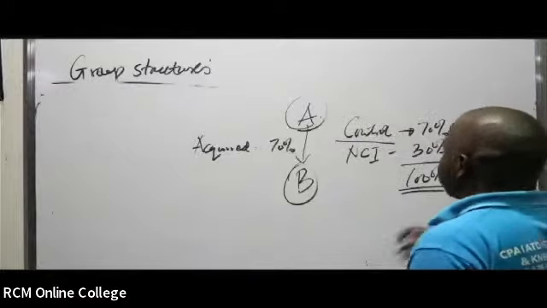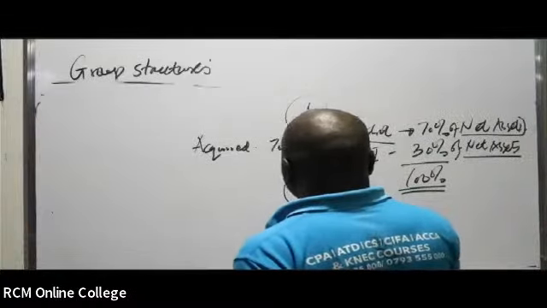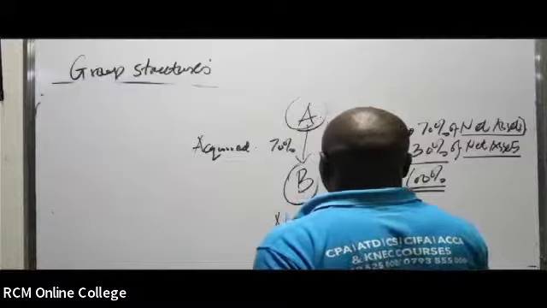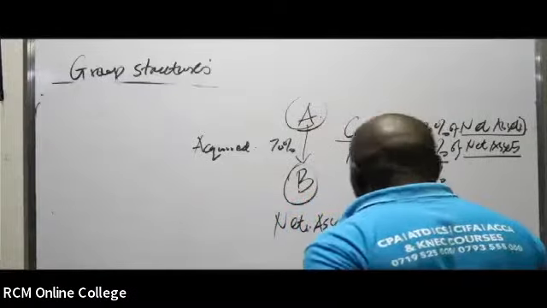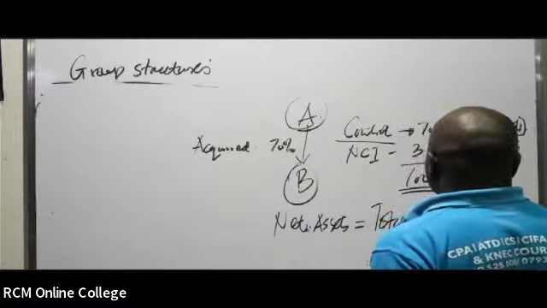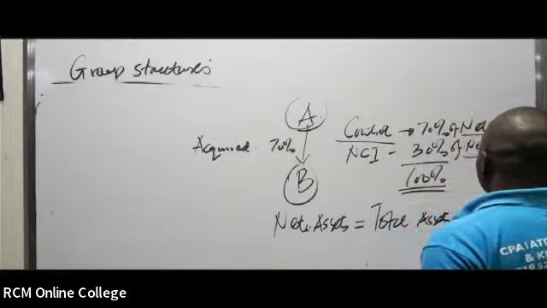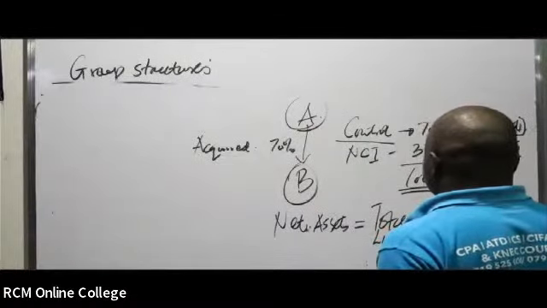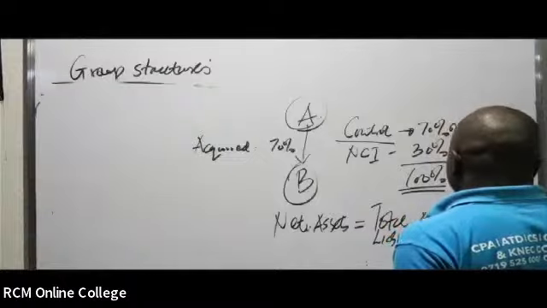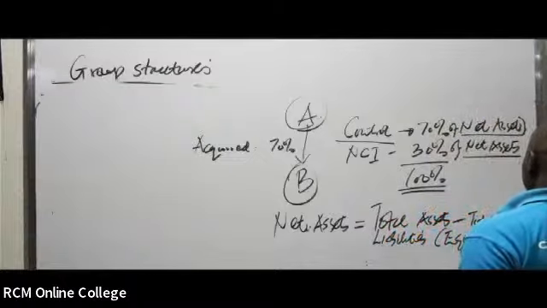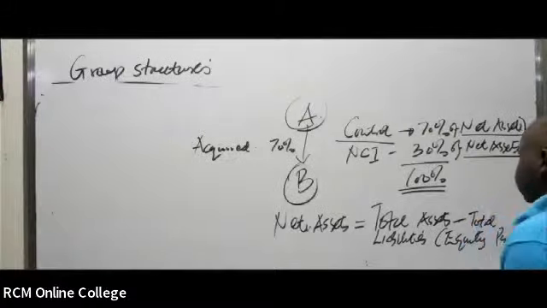And when you talk about net assets, as you already know, net assets is equal to total assets minus total liabilities, which is the equity part of the statement of financial position.